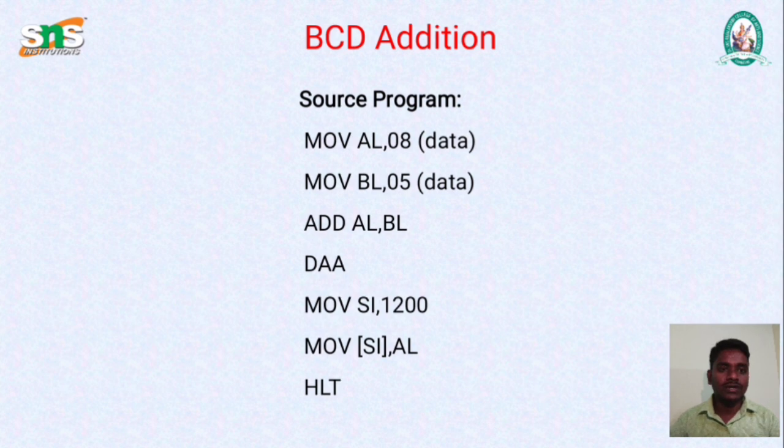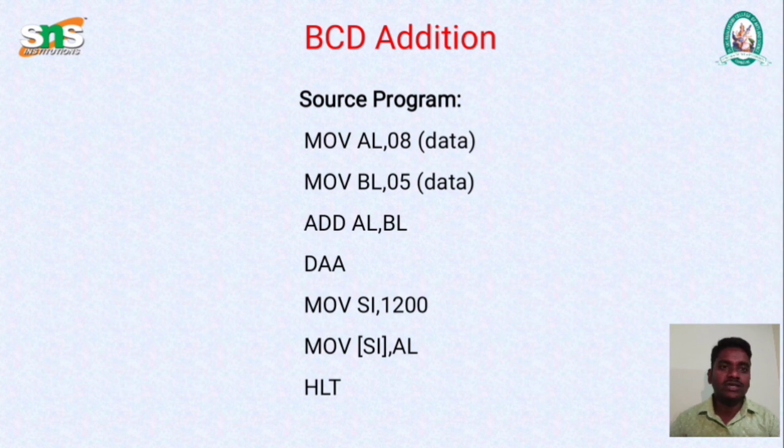Now we are going to add two 8-bit numbers by using the microprocessor 8086. This is the source program for BCD addition. First, we have taken 08 and 05 as input data, and we are going to add these two numbers.